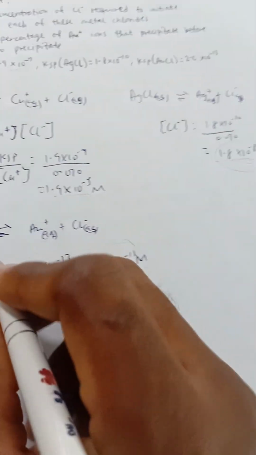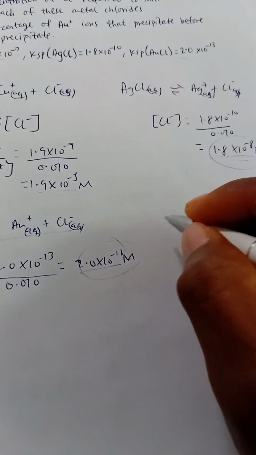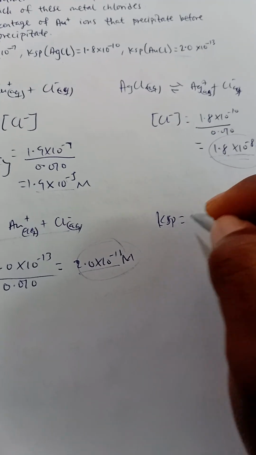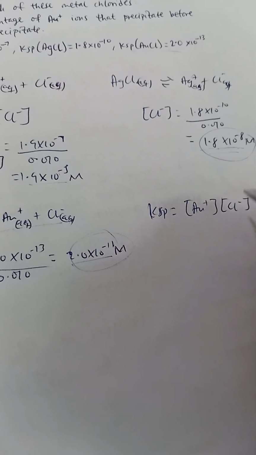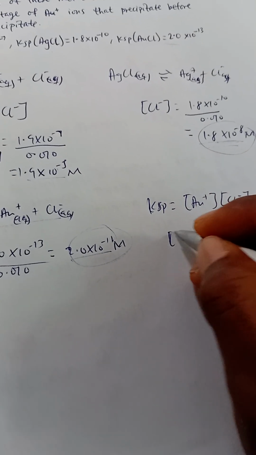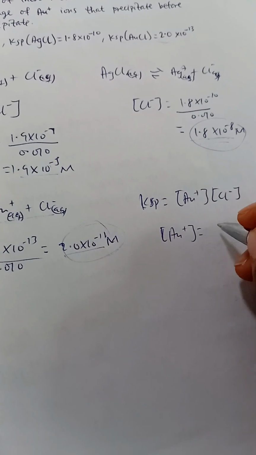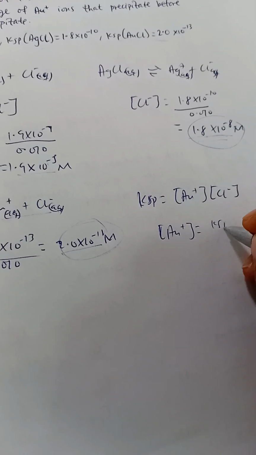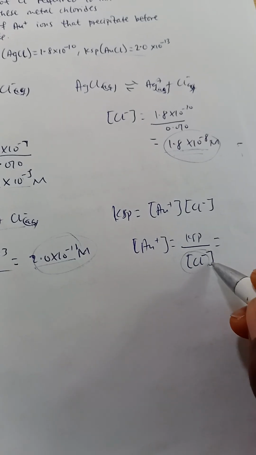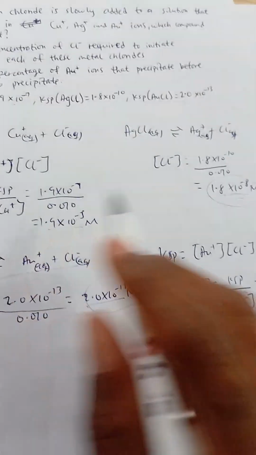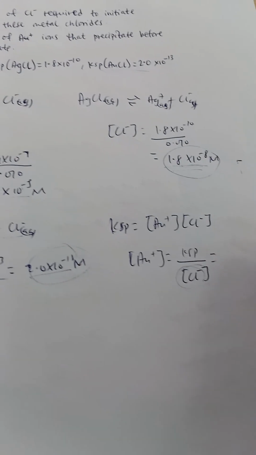Ksp is equal to Au+ times Cl-, so the concentration of Au we need at that time is Ksp over the concentration of Cl- needed to precipitate our silver.